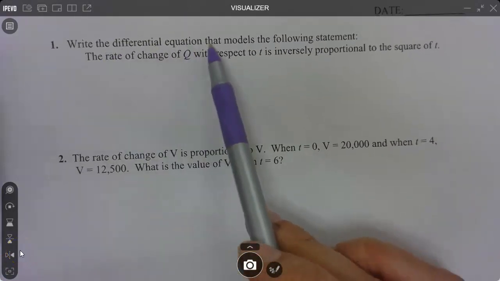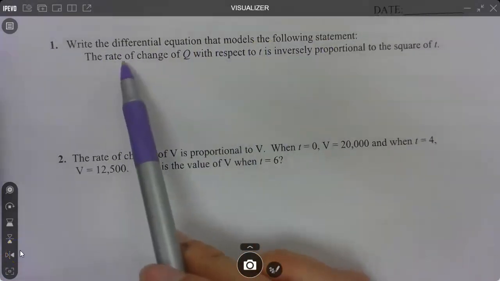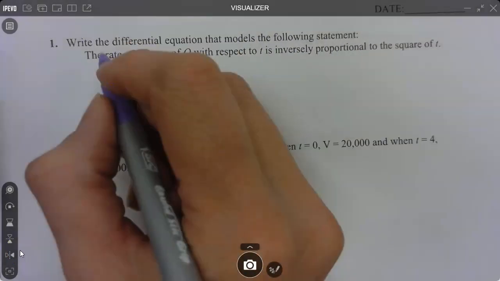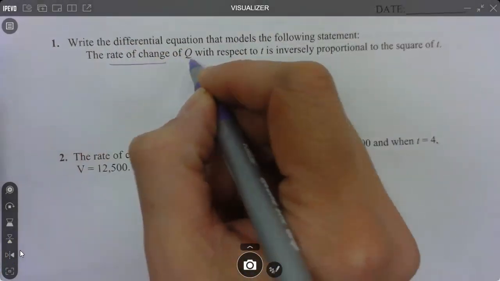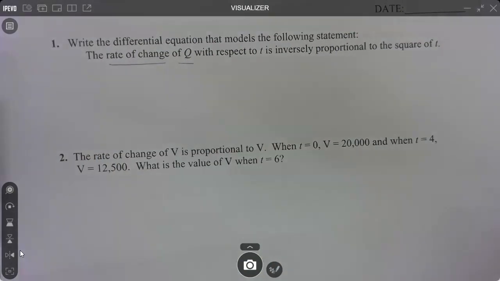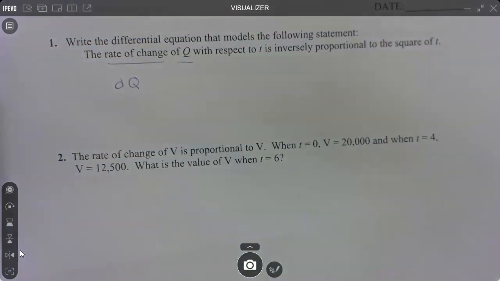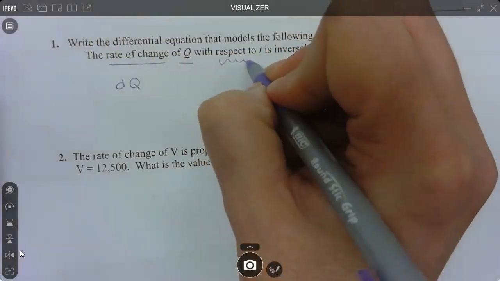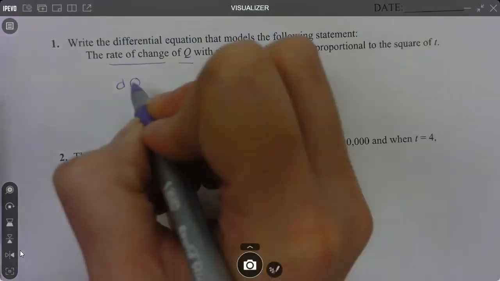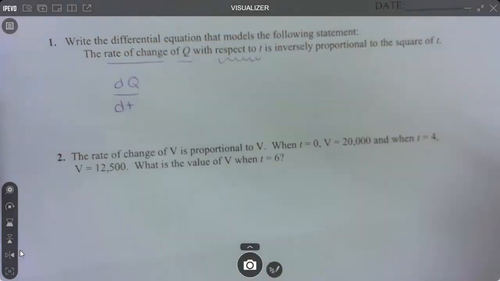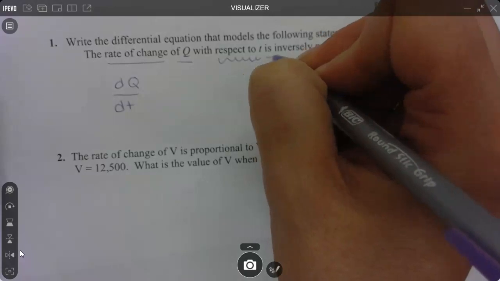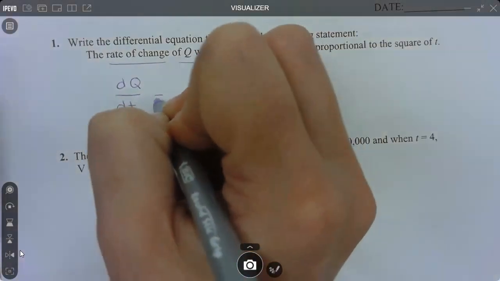It says, write the differential equation that models the following statement. The rate of change of Q. So when you see rate of change, you think derivative. So it's going to be derivative of Q with respect to T, so that means dt. Means equals.